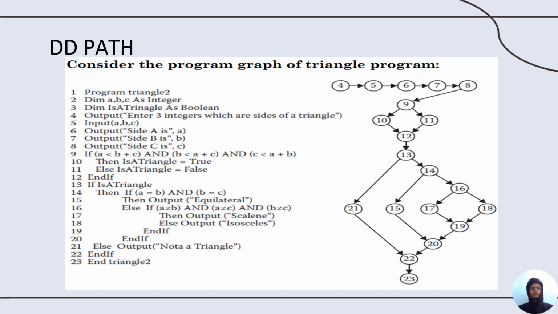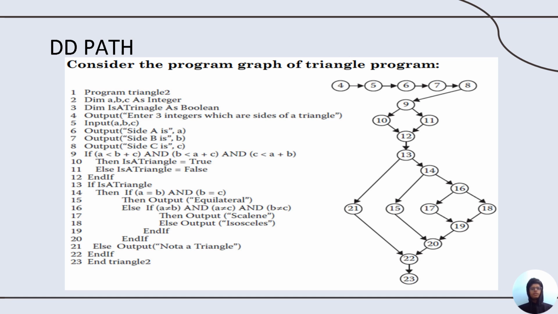So the input is a, b, c, and at last we'll see the output, that is side a is a. At a we'll be storing the values, and the same goes for b and c, so the values are stored at small a, small b and small c.